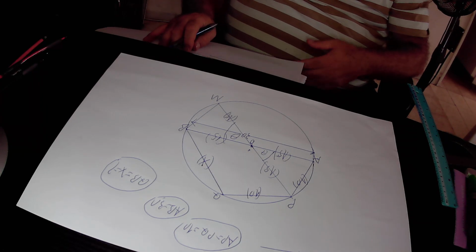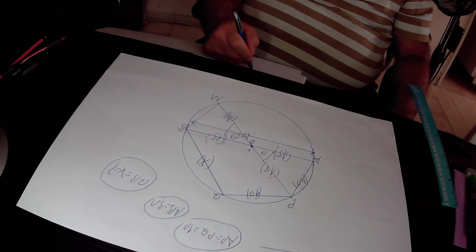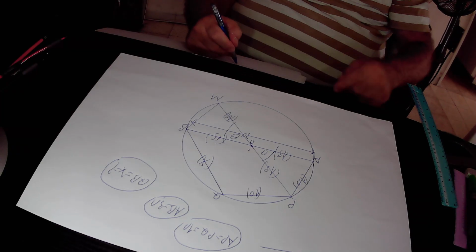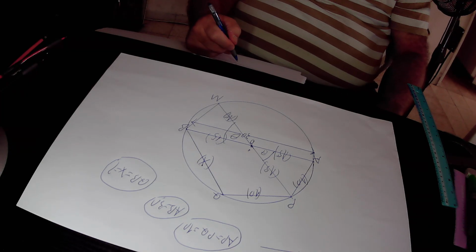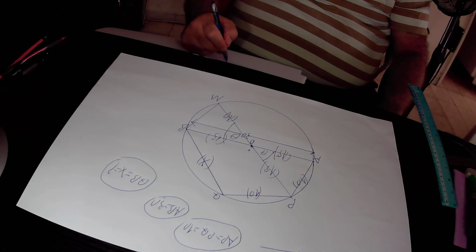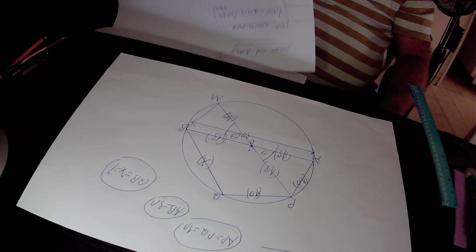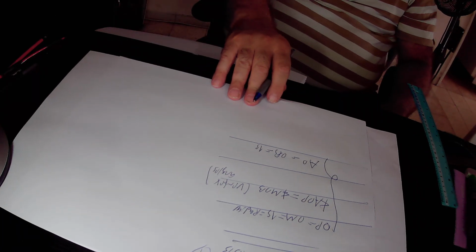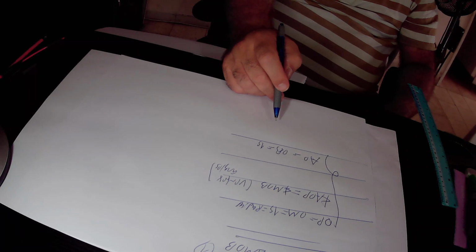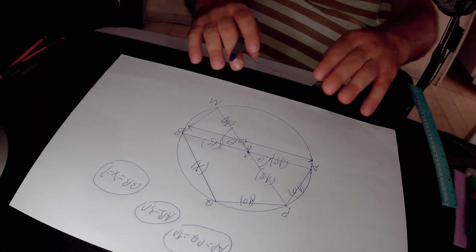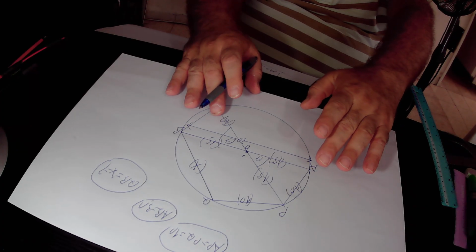So AO equals OB equals 15 units, and we found that those two triangles are congruent according to the side-angle-side rule.